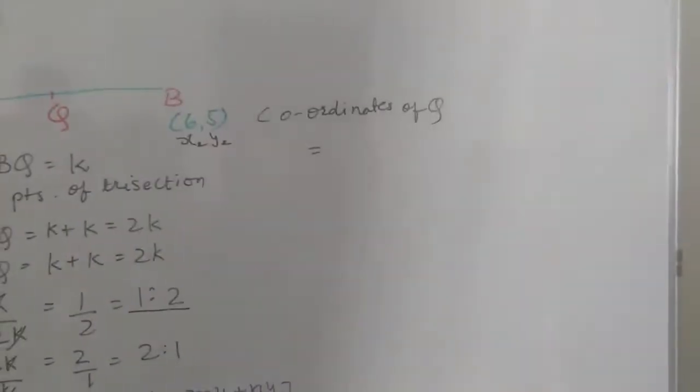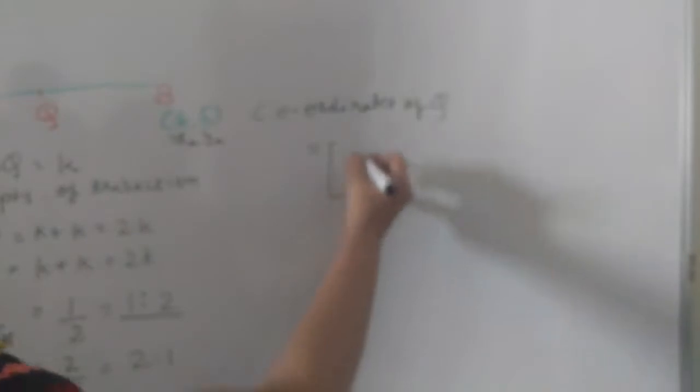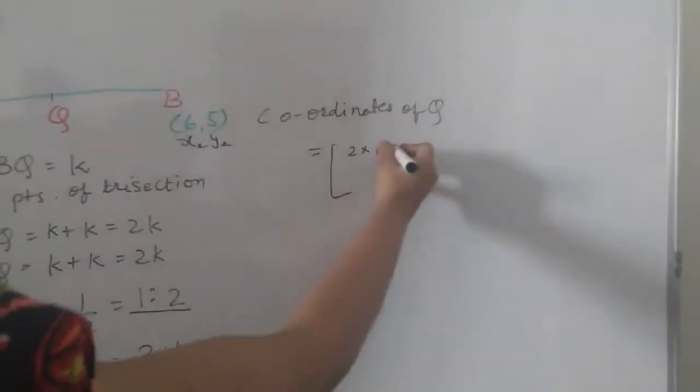The formula is the same: (mx2 + nx1)/(m + n) and (my2 + ny1)/(m + n). So we'll substitute the direct values. Here in the ratio, m is 2, x2 is 6, n is 1, x1 is 2, divided by 2 plus 1.